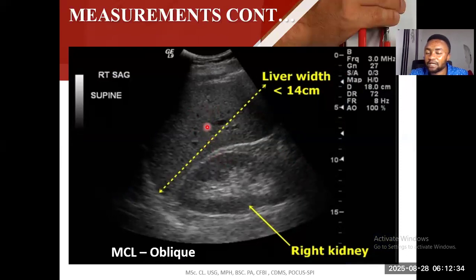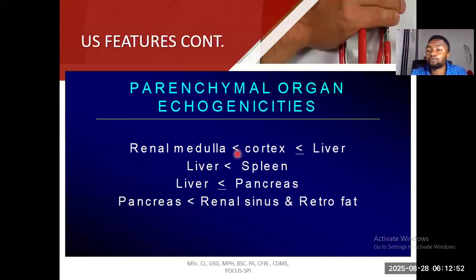That is what we are saying: less than or equal to. This cortex is less than the liver, meaning the cortex is a bit darker, the liver is a bit whiter. Do you understand? This is English and also mathematics, so you have to understand.